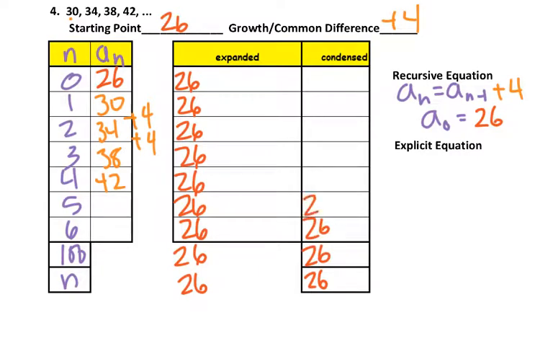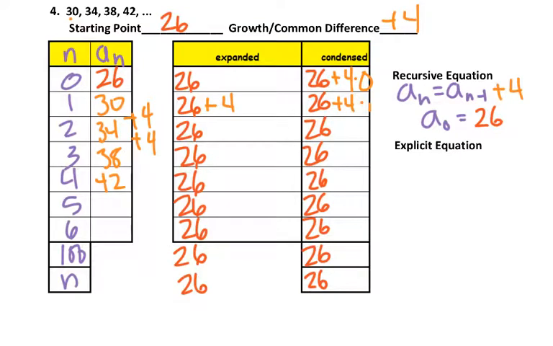So just writing it in a different format to see if maybe that helps some of you see it a little differently. Okay? Then if I think about it, to get to 26, how many times did I add 4? Well, I didn't. So when I add 4, we times it by 0 to get rid of it. Okay, now for 30, I had to add 4 once to get to 30.